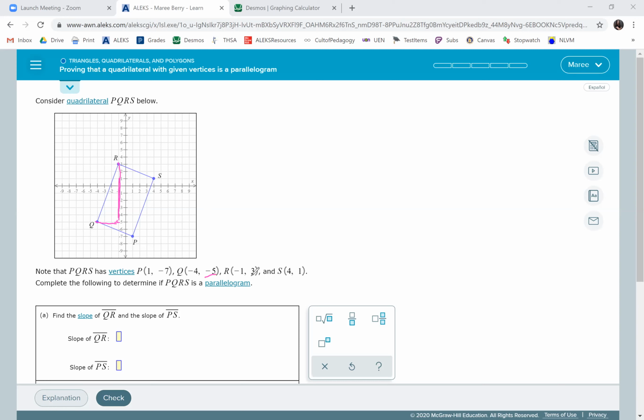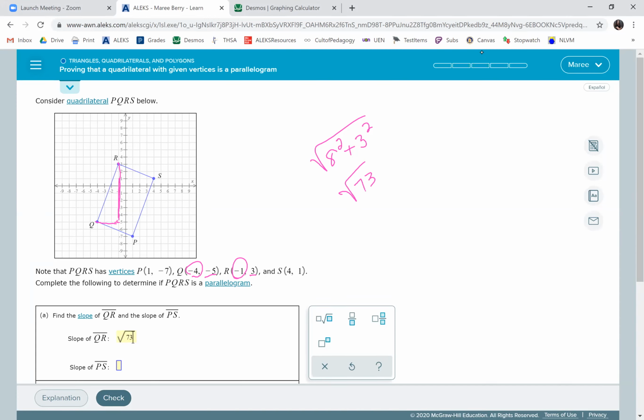So -5 to 3 is 8. You take 8 and square it, and then you find out how far apart they are for the x's. So -4 to -1 is 3 units. You square that, and then you take the square root. So we'll do 64 plus 9 is 73. So the square root of 73, and that's what we'll put in for QR.